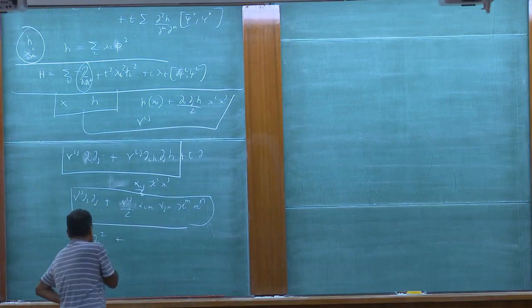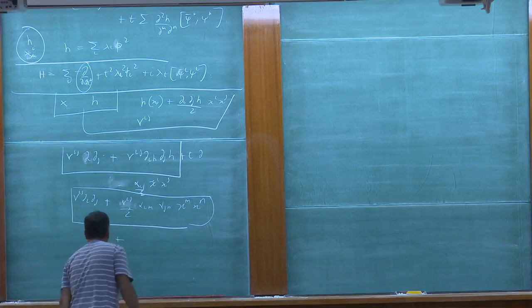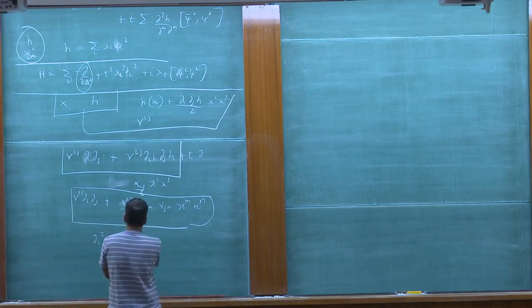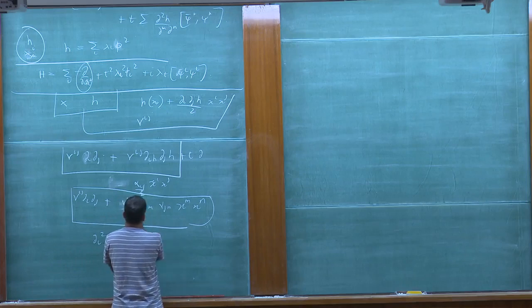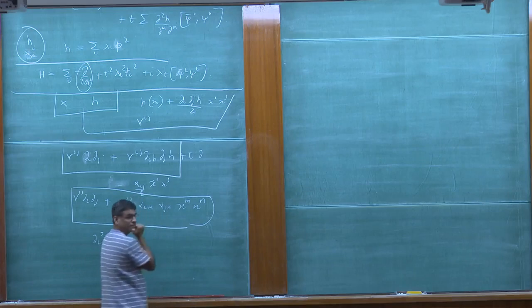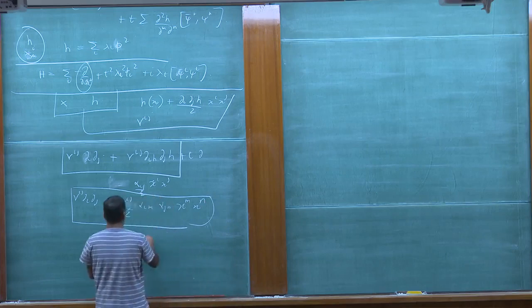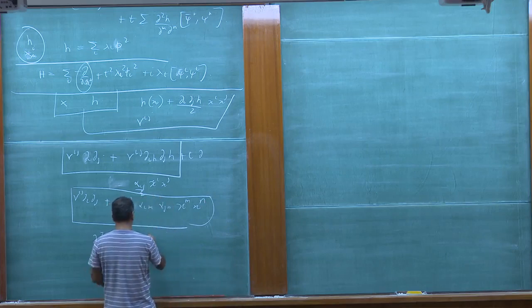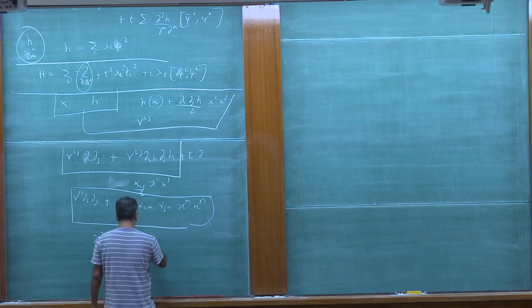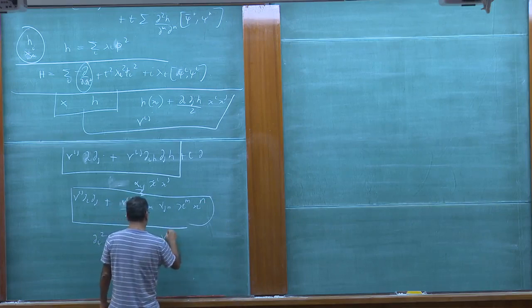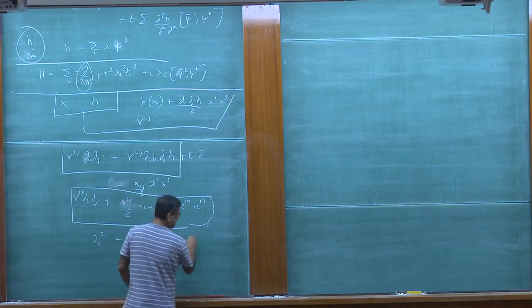Okay, now the question is, is it possible to take this object and diagonalize it by an orthogonal transform? Right, because orthogonal transforms are what keep delta fixed. Okay, but this will be true because this is alpha mi gamma ij alpha nj.